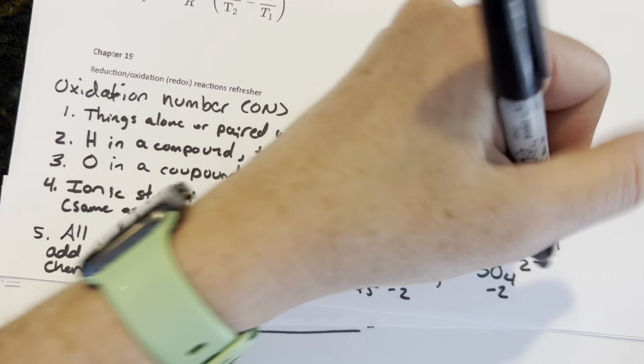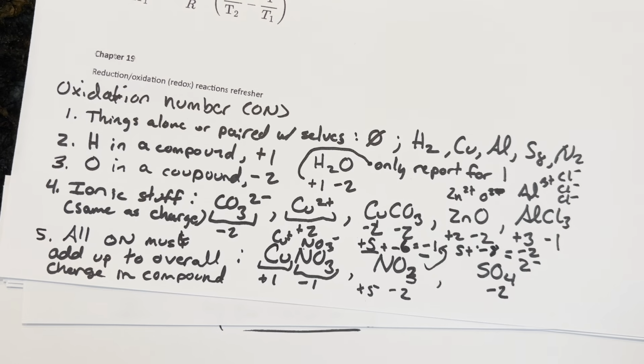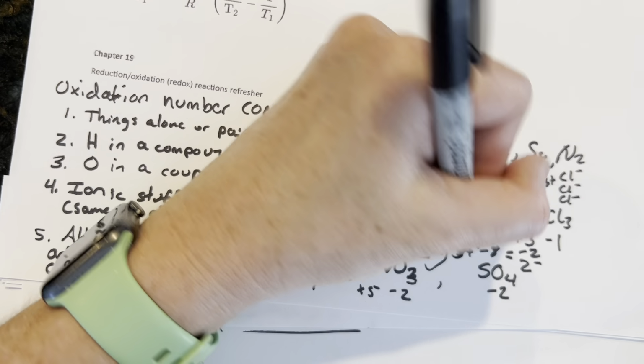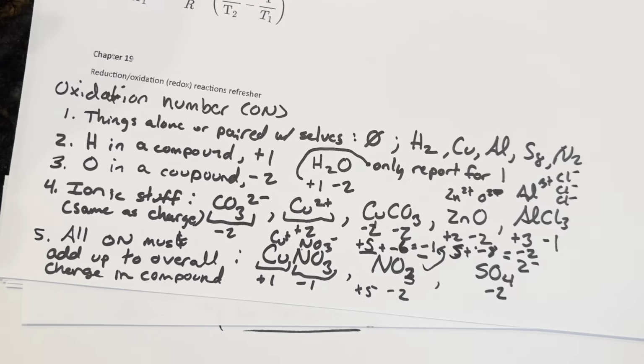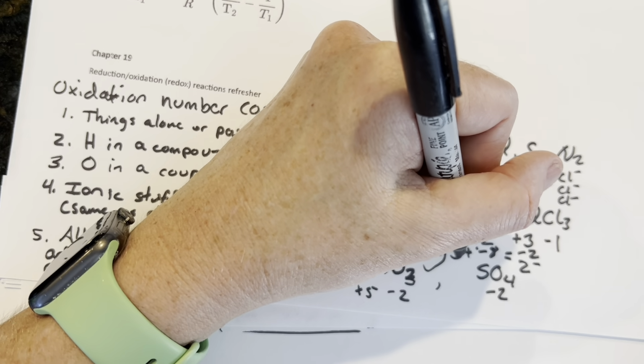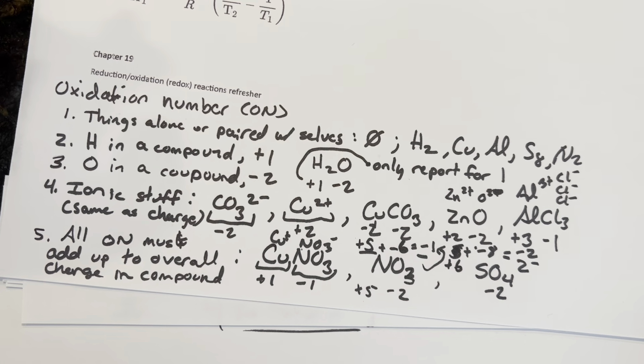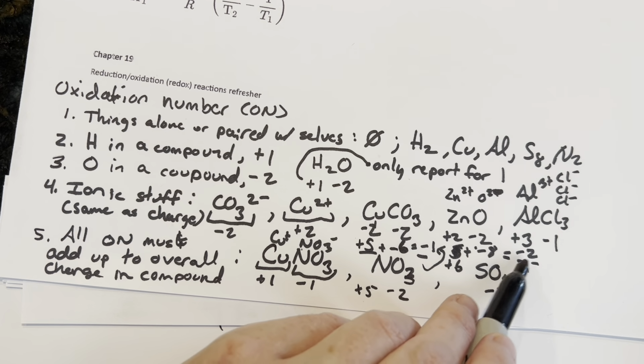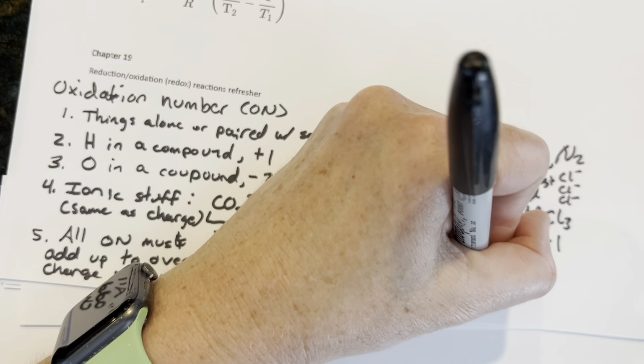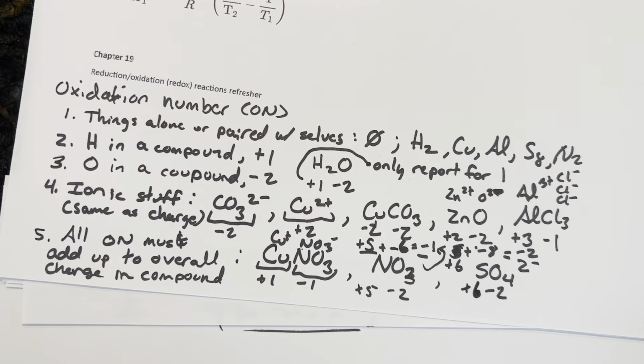But again, we have 4 of them for a total of -8. So we know that some amount of sulfur plus -8 must equal -2. What must sulfur be? Sulfur has to be +6. +6 plus -8 equals -2. The only thing sulfur can be is +6.